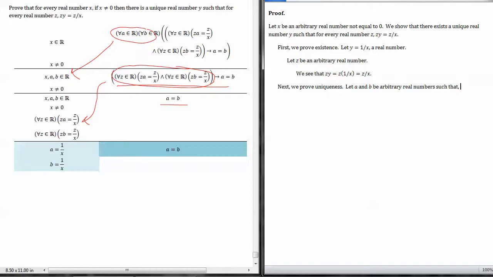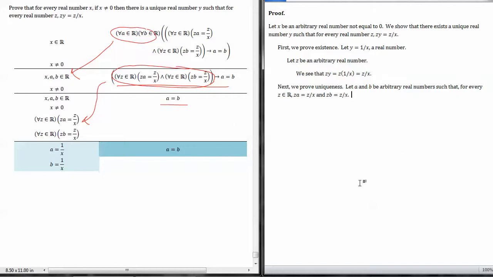And so I can say for every z in the real numbers, za equals z divided by x, and zb equals z divided by x. So I've sort of just said this for all z at once, and then followed it up with those two statements.